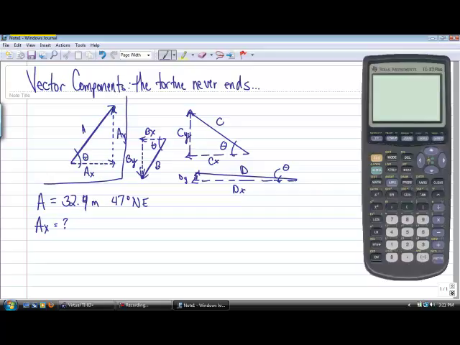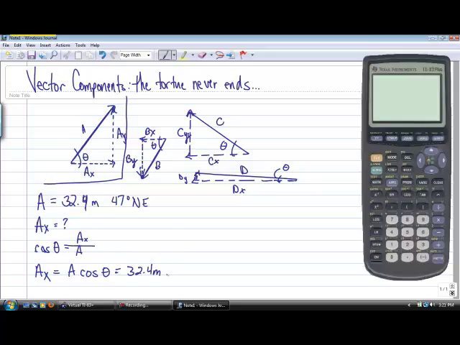So A sub x, if we just write down the cosine of theta, we would say the cosine of theta is equal to the adjacent side, which is A sub x, over the hypotenuse, which is just plain A. So if I solve this for A sub x, then A sub x is equal to A times the cosine of theta. Well, we said A was 32.4 meters and we said that theta was 47 degrees.